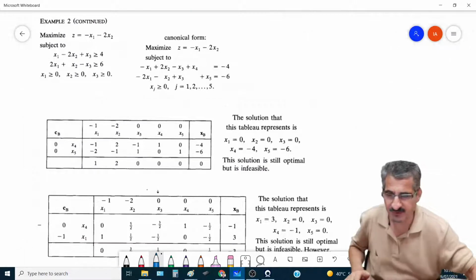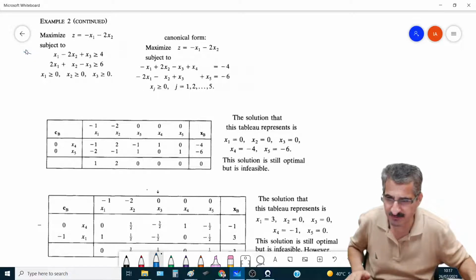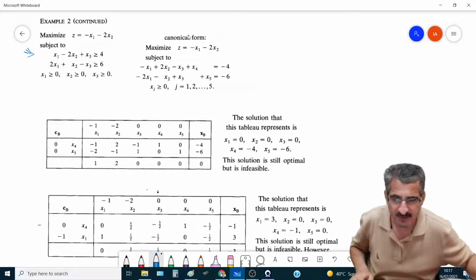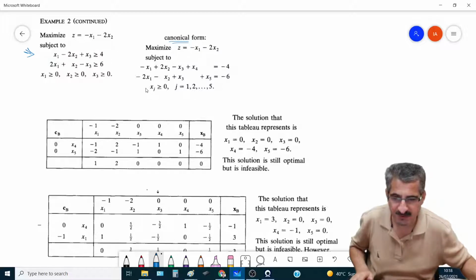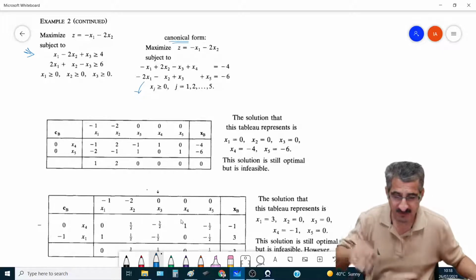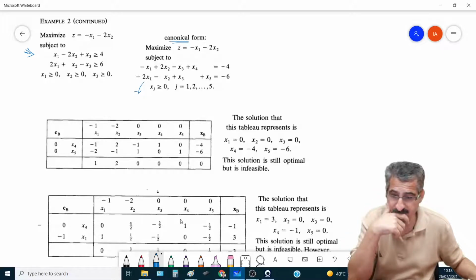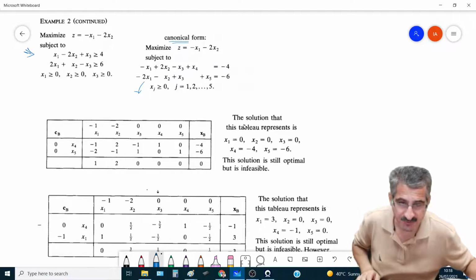So we have this original primal problem, and we converted it to canonical form, and we made that table. Notice the solution that this table represents is this, and we have seen this before.